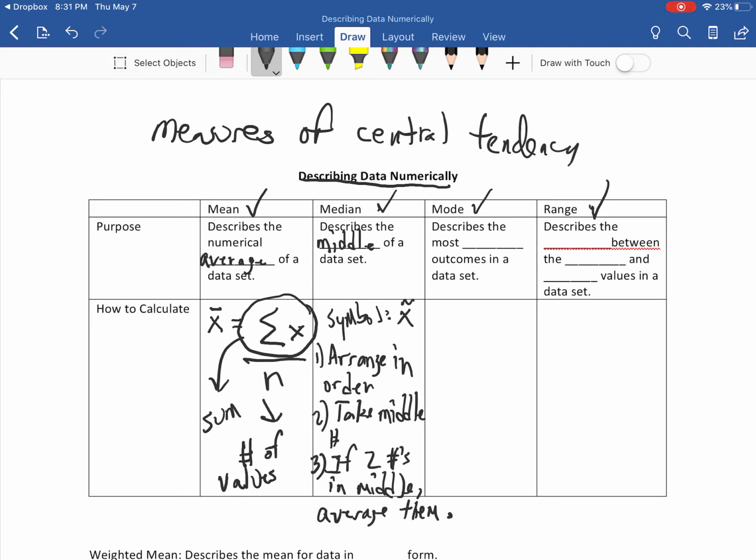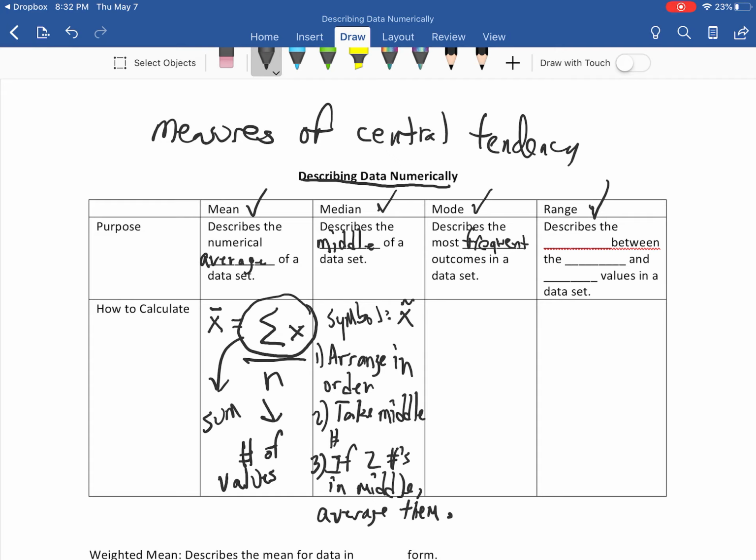Next is mode. Mode describes the most frequent outcomes in a data set. There's really no symbol that we need, that I'm aware of.